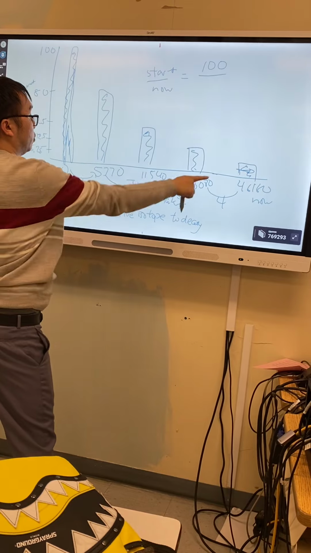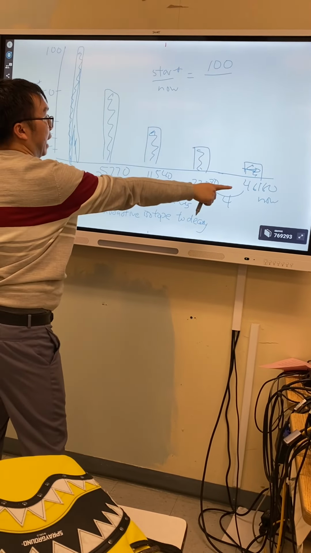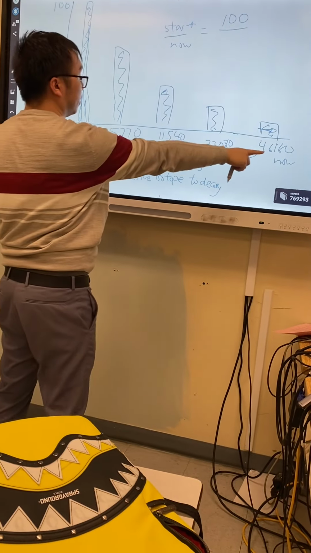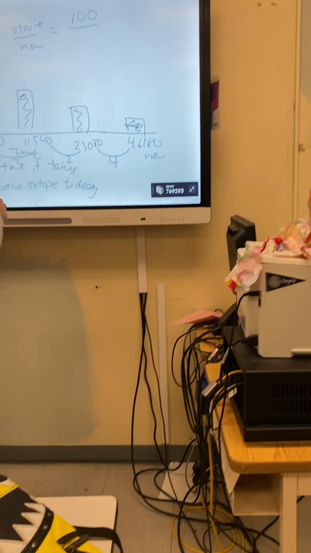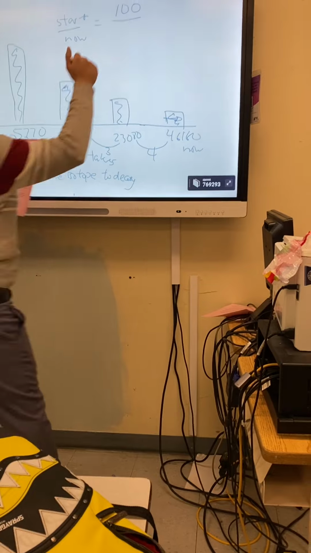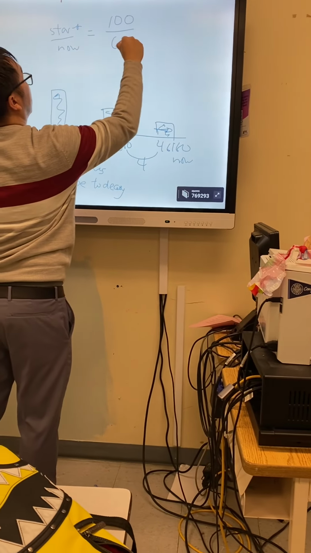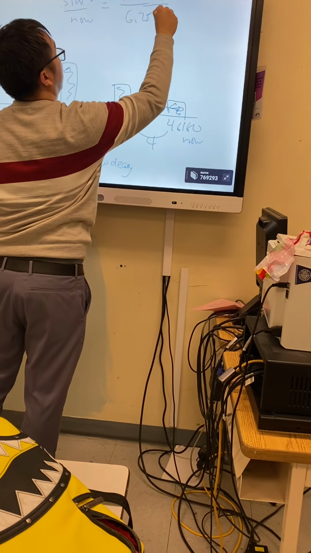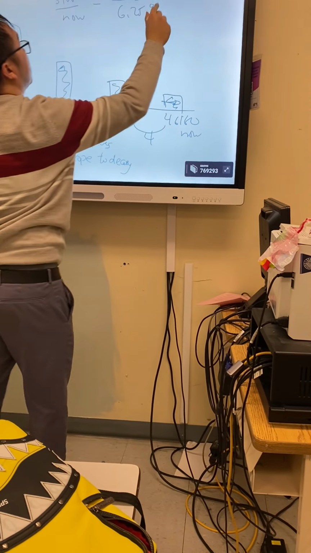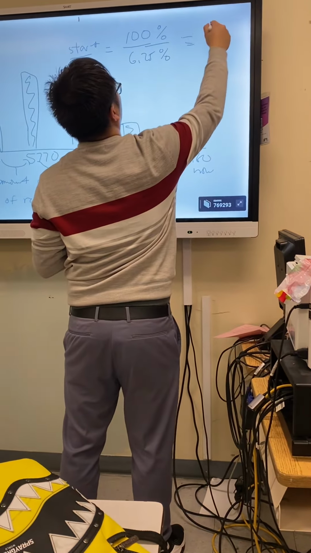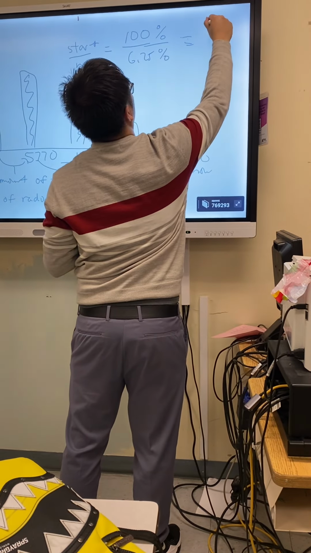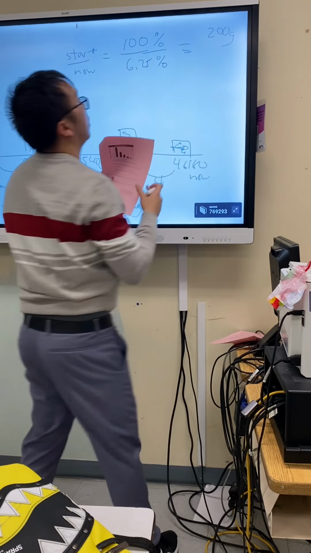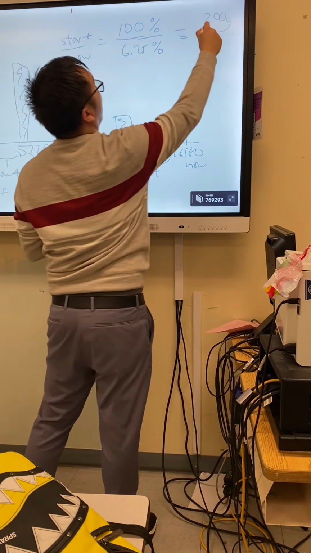You're at 6.25%. So originally you had 100%, now you have 6.25%. But now instead of a percent, they want it to be grams. So you start with 200 grams. That's what you're starting with. So how do we go from 100 to 200?